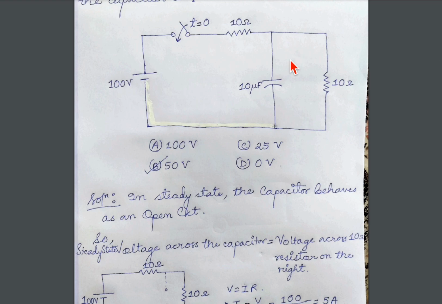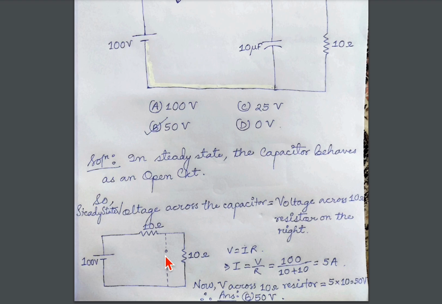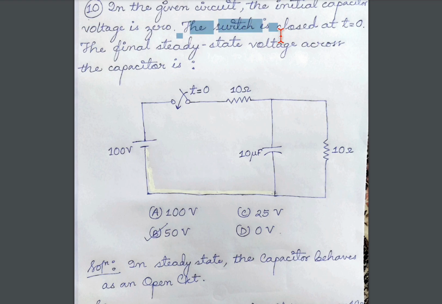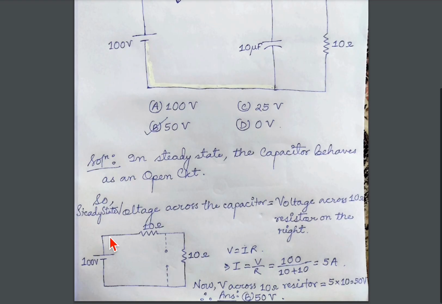How? As I said just now, in steady state, this capacitor will act as an open circuit, which is this. So we are only left with this, and the switch was already closed, as said in the question. So it's a closed circuit here and an open circuit here. So we have this circuit to solve now in order to find our requisite voltage.